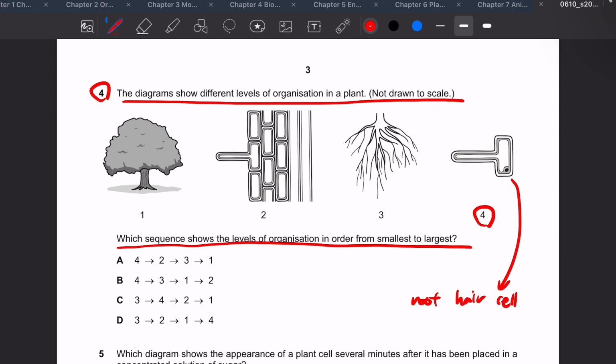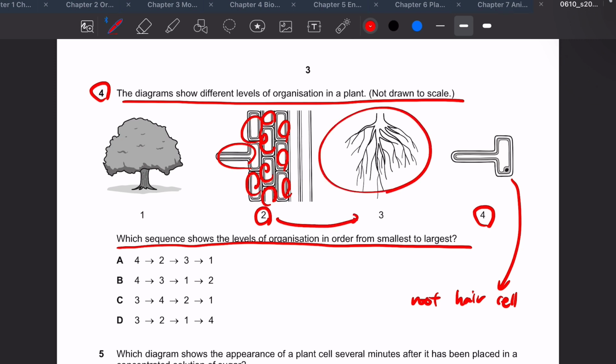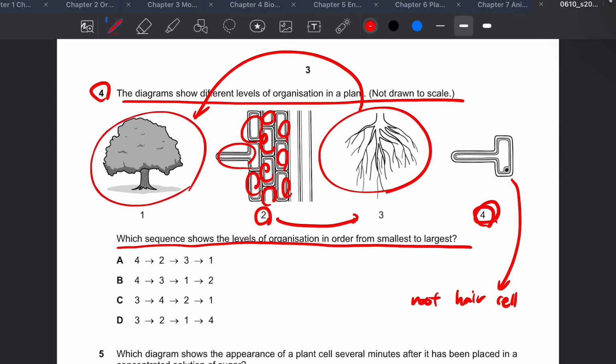Then number 2, you can see that there are many cells gathered together, and that's going to be the next one. Then they form what is called the roots, and the roots are part of the tree. So the order should be 4, 2, 3, 1. So the answer should be A. Easy peasy.